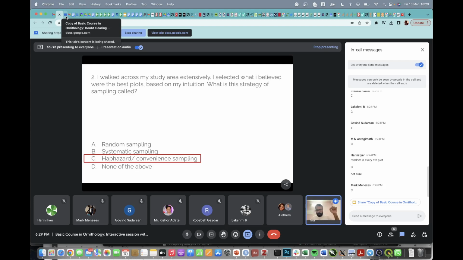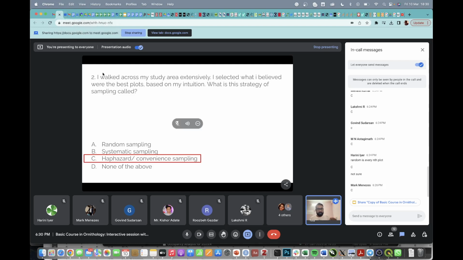You'll have some 230 or whatever number of grid cells, and you number them and pick from a random number generator numbers like 1, 6, 8, 9, 10, and those are the grid cells that you go and sample. So that is random sampling.